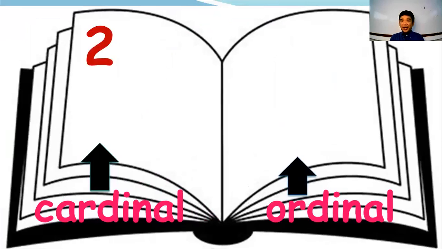Can you remember how we spell the word two? That is T, W, O. Again, two, it's T, W, O. But how are we going to write it as an ordinal number?